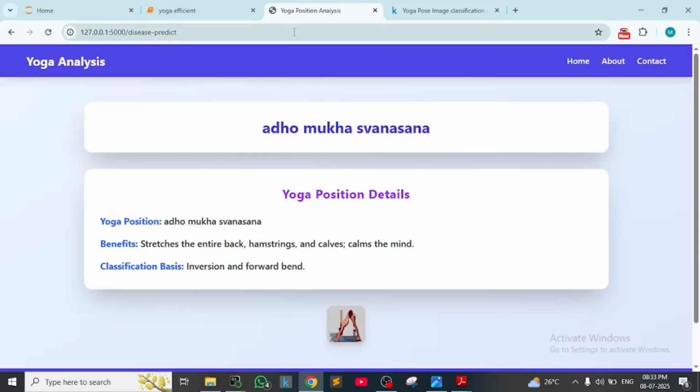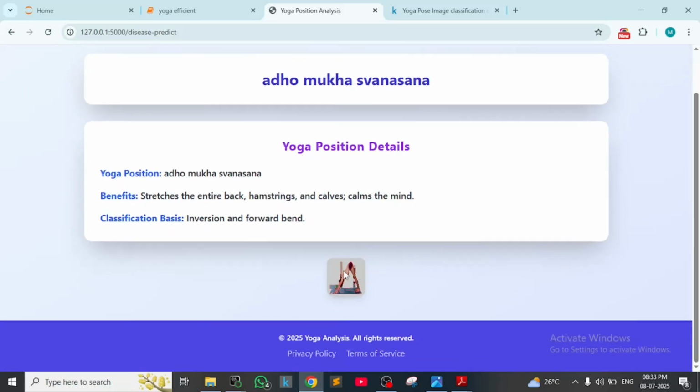See, we got the yoga position analysis: Adho Mukha Svanasana. The benefits of this position are it stretches the entire back and hamstrings, and calms the mind. Classification basis: inversion and forward bend.